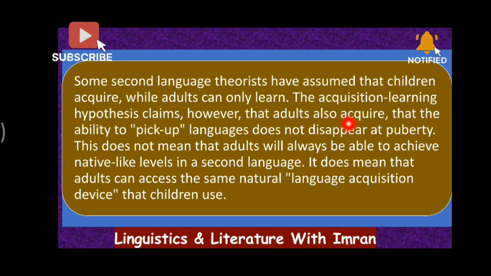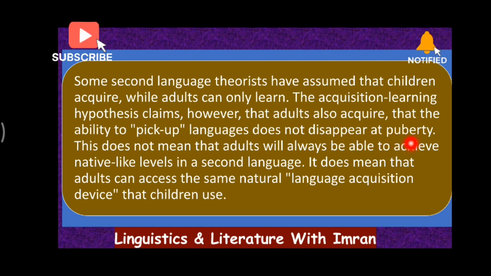So the acquisition-learning hypothesis claims, however, that adults also acquire, as children acquire their first language, so adults can also acquire a second language, so that the ability to pick up languages does not disappear at puberty.